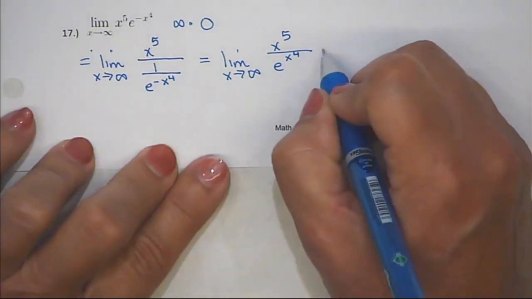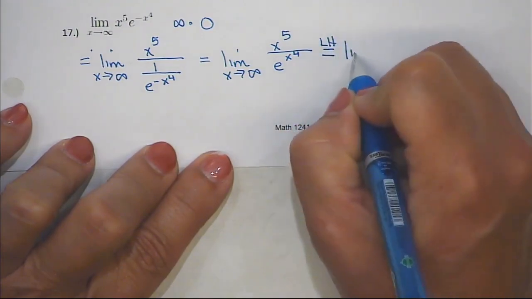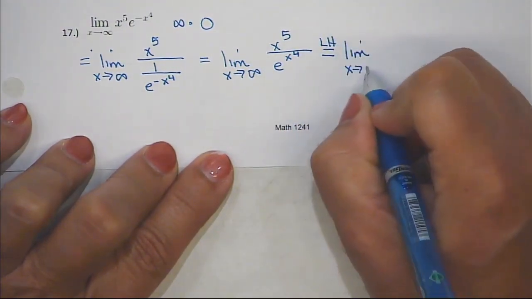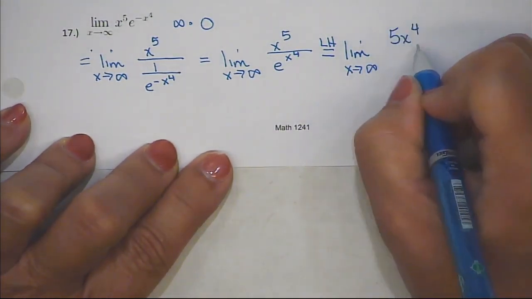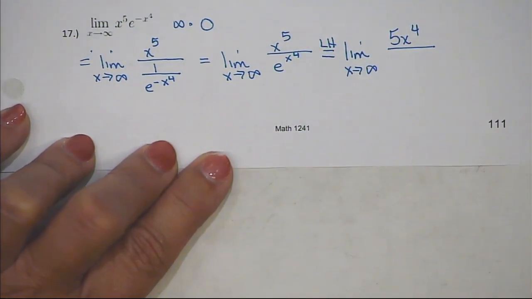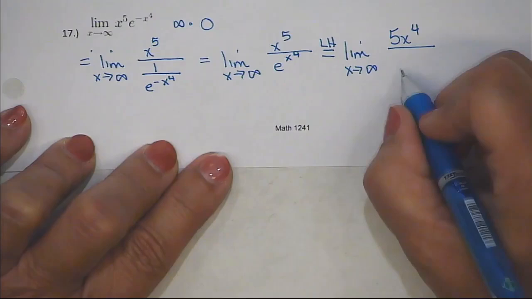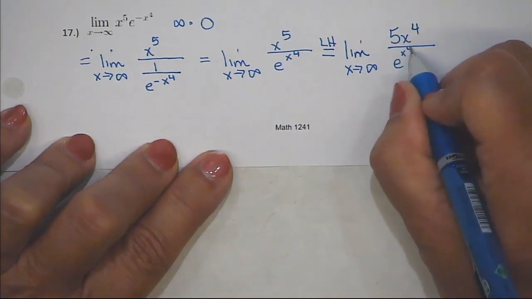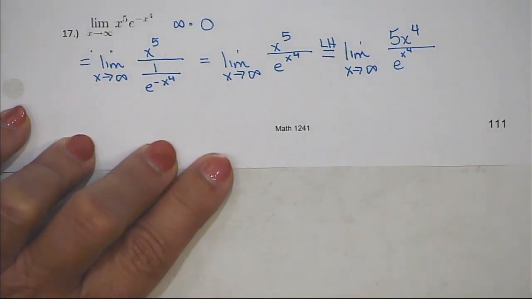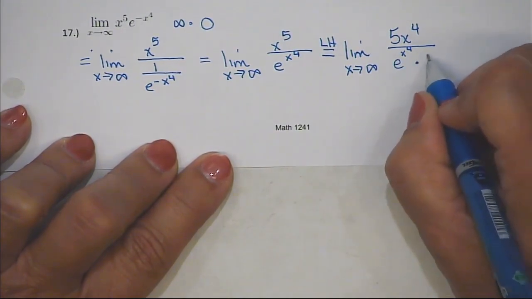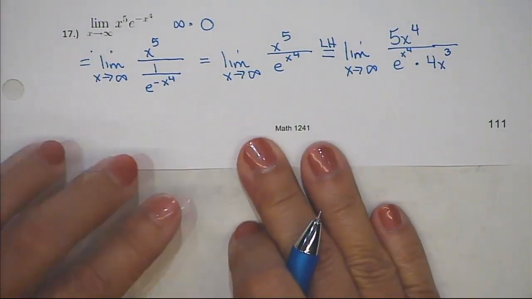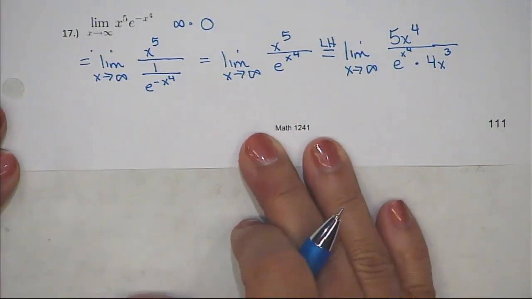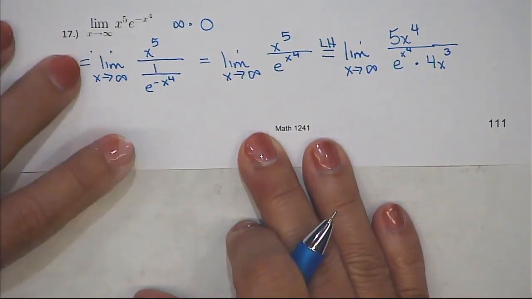So we're going to do the derivative. So this is my L'Hopital's rule part. The derivative of the top is 5x to the 4th. Now the bottom, the derivative of e to the anything is e to the anything, and then times the derivative of the exponent. So that would be 4x cubed. And simplify this. Before you plug in infinity, simplify.